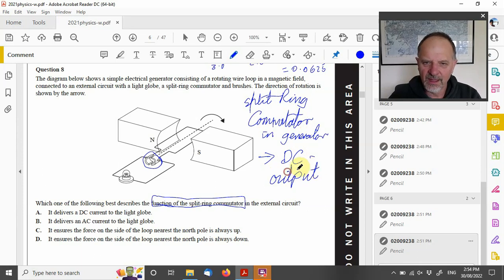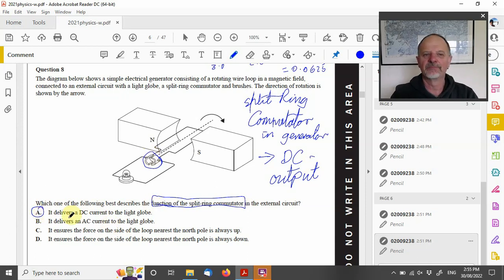So all the question asks us is about that. What we're looking for is something that says delivering DC. When we look at our alternatives, A, it delivers a DC current to the light globe. Bingo. That's the purpose of it.